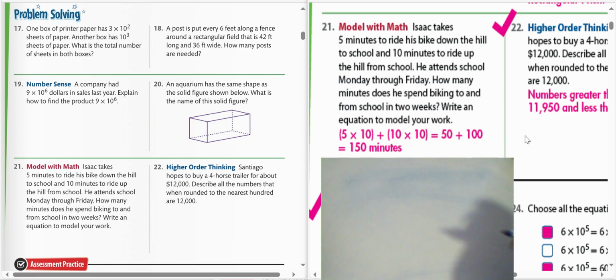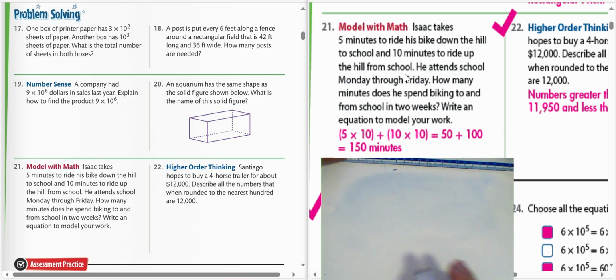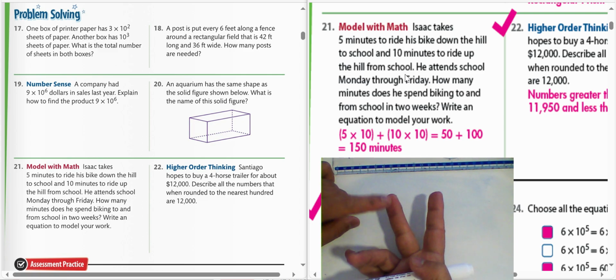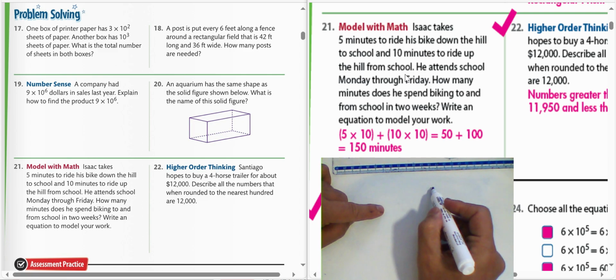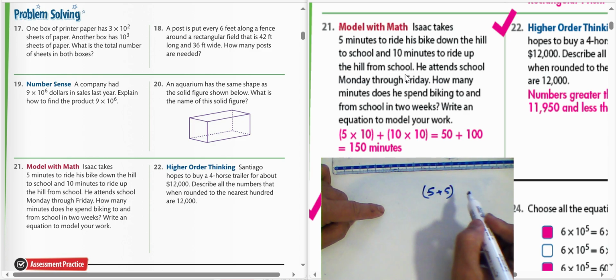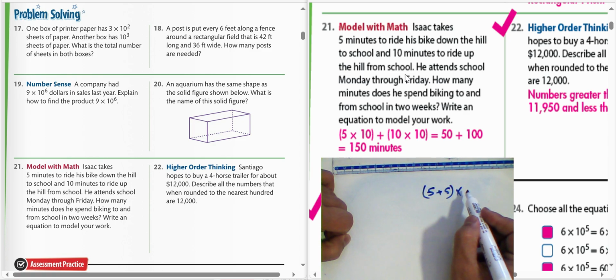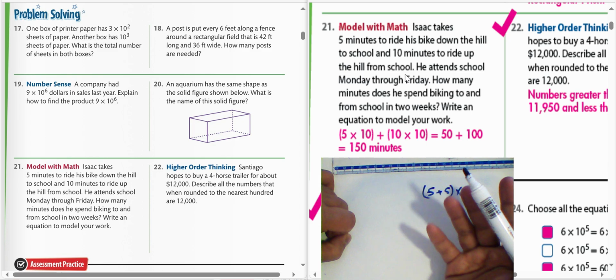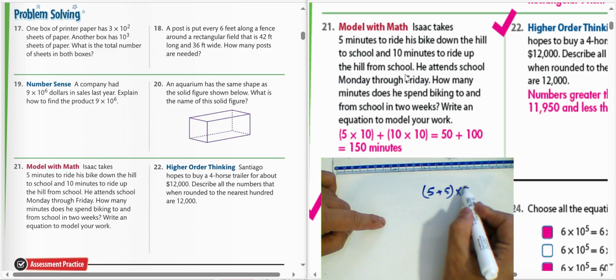Okay, my students, I will explain this example. If he wants to go to school by bike, he will take 5 minutes to go and also 5 minutes to come back, multiplied by the number of days he goes, Monday to Friday, 5 days.